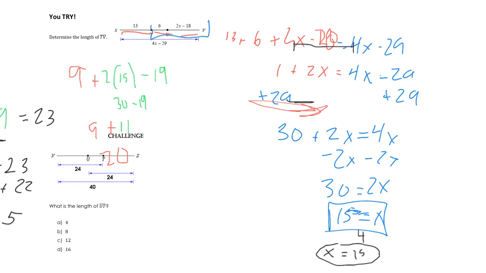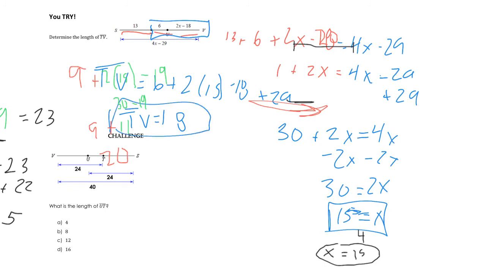TV is here. So TV is 6 plus 2 times, we said x is 15, minus 18. 2 times 15 is 30. 30 minus 18 is 12. 6 plus 12 is 18. So TV is 18. Nice. Done.